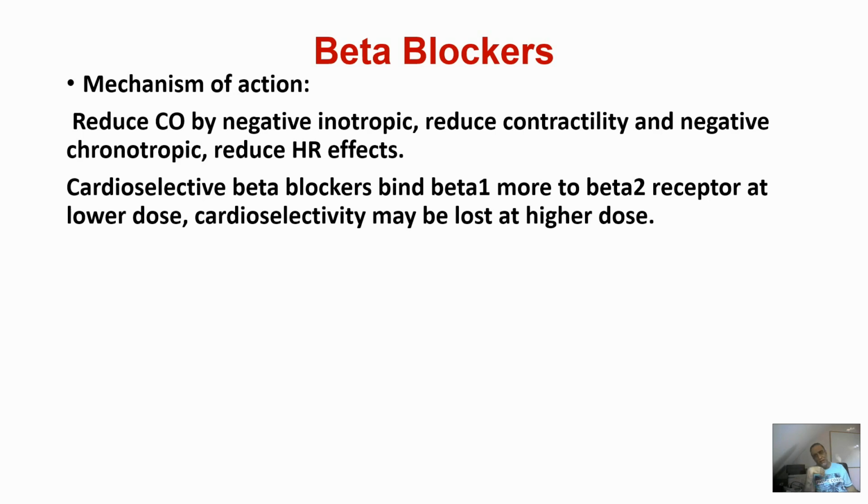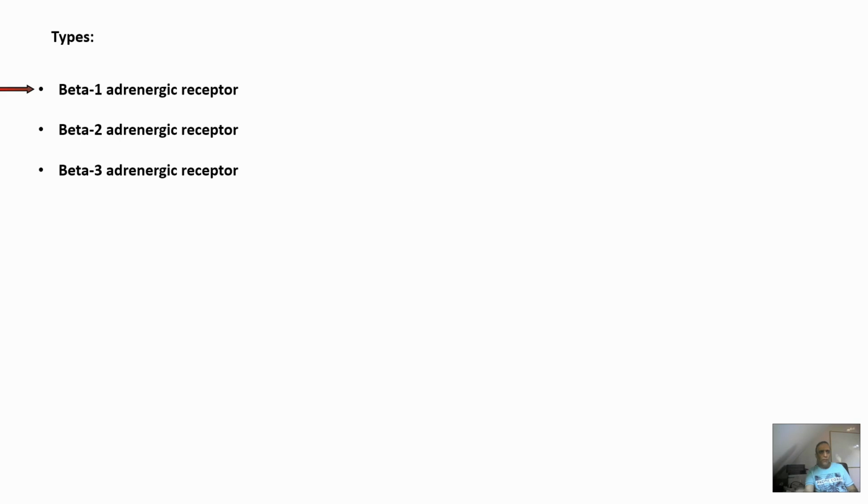Beta 1 we mainly find in the heart, and also in the eye and the kidney, and beta 2 we find in the lung, vessels, and other glands also. As you see, we have beta 1 adrenergic receptor, beta 2 adrenergic receptor, and beta 3 adrenergic receptor.